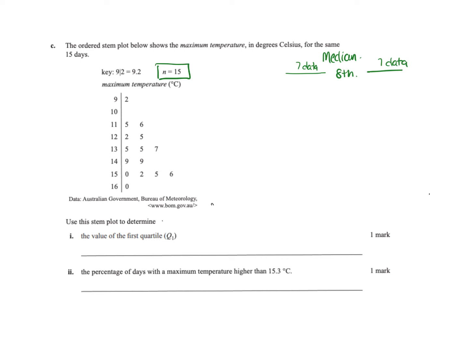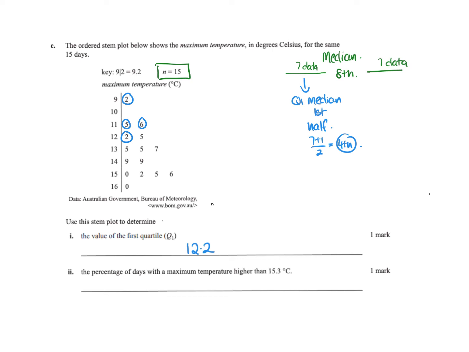Remember Q1 is the median of the first half, so we'd have 7 plus 1 divided by 2, so we get the fourth value. So we go 1, 2, 3, 4. So Q1 is 12.2.